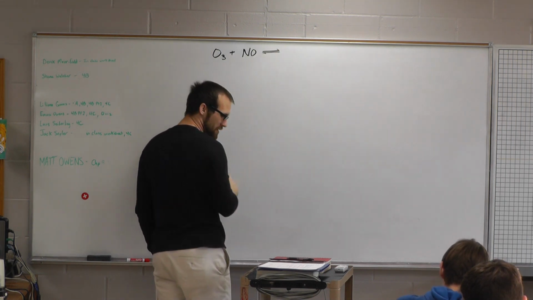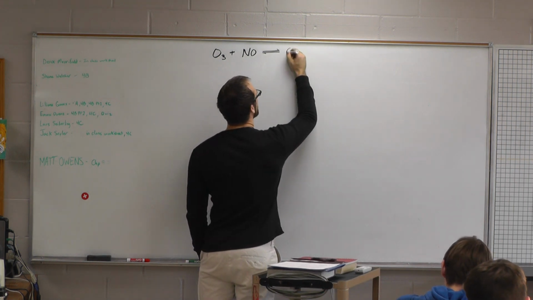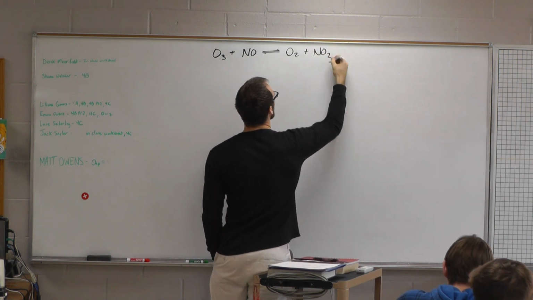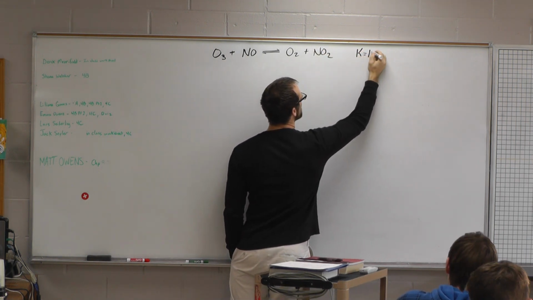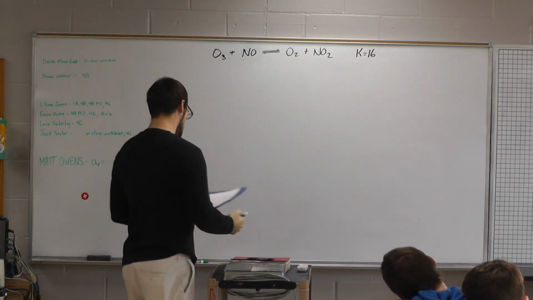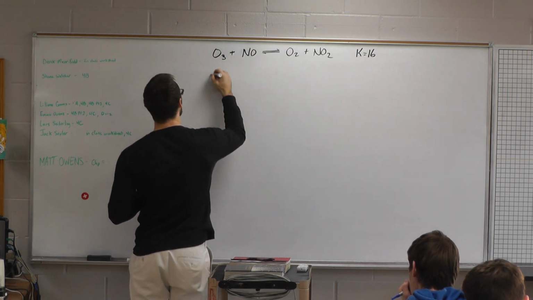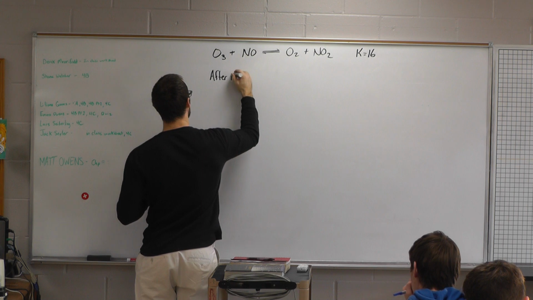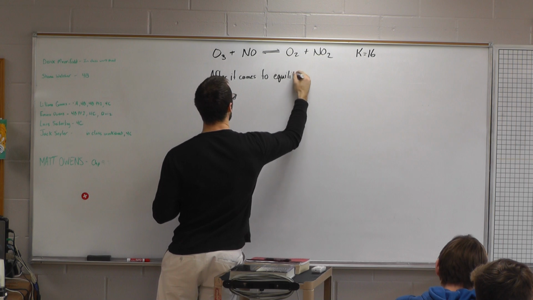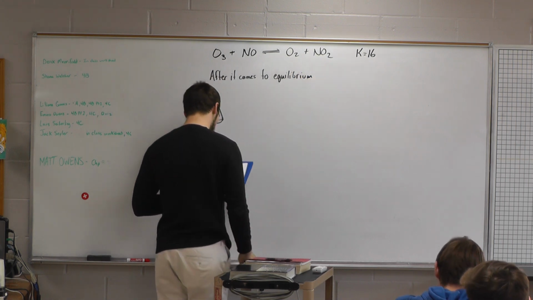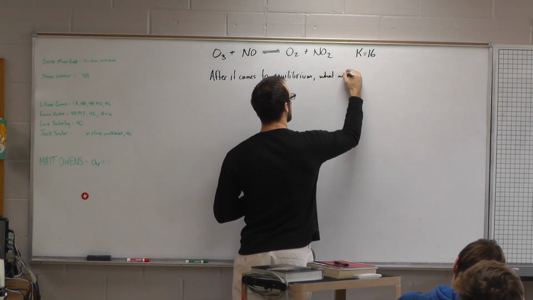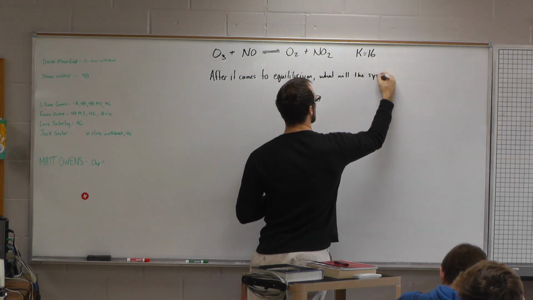So we're going to do this. Got a little double arrow equilibrium going on here. Let's say we knew the equilibrium constant of this to be 60. Okay? The question we should ask, after it reaches equilibrium, is what will the system look like?